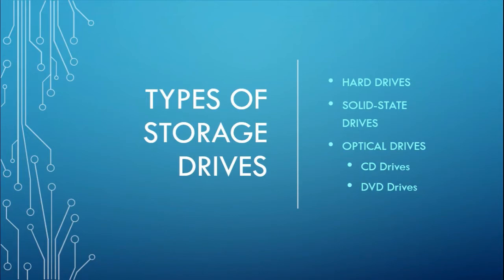Movies often come on dual-sided disks, with one side holding the bonus features and the other side containing the movie itself. Though most movies now come with the final type of optical drive, the Blu-ray drive. The typical max storage size of a DVD is 8.5 gigabytes, and some dual-sided discs can get up to 9.4 gigabytes.